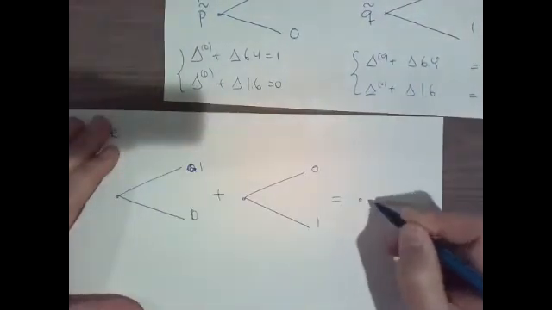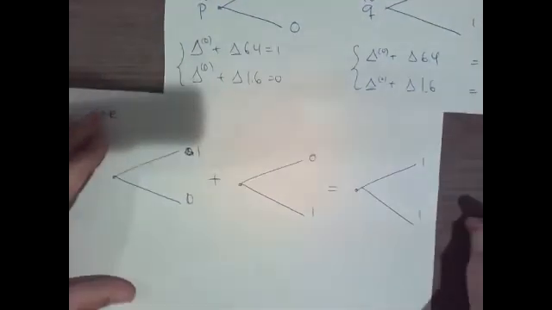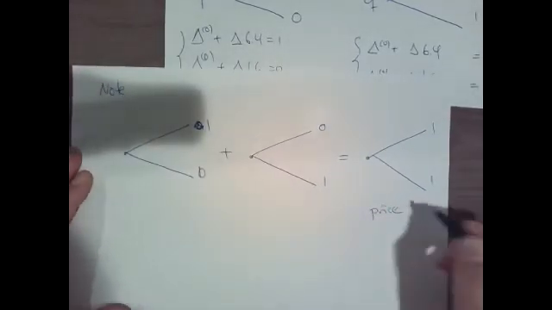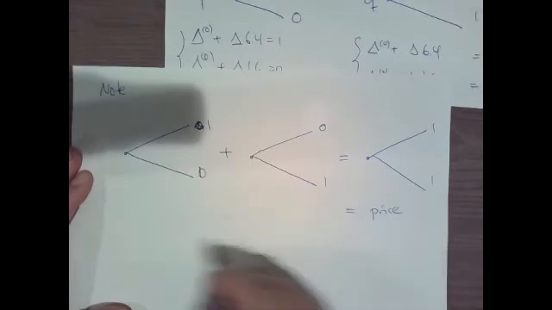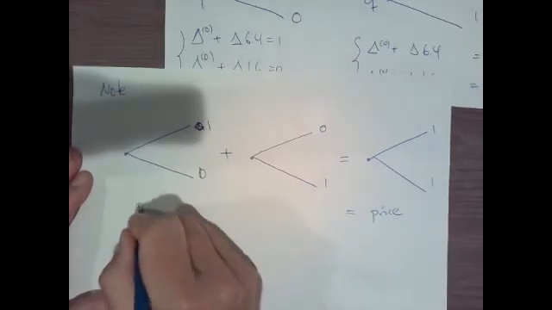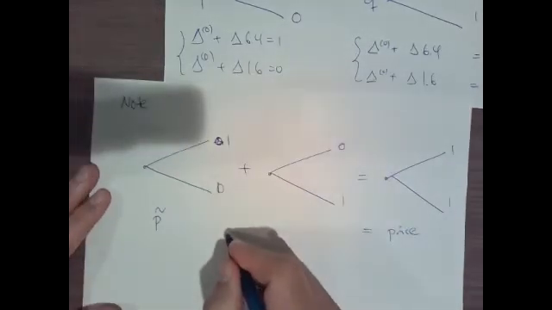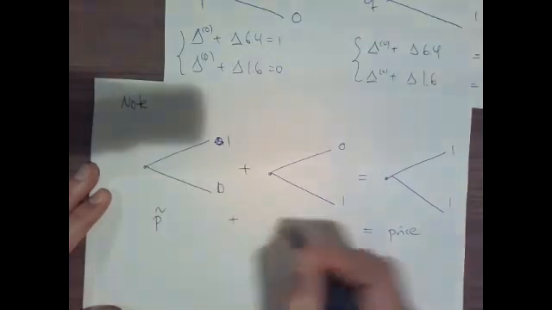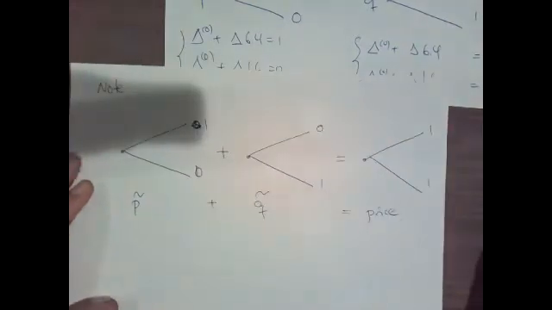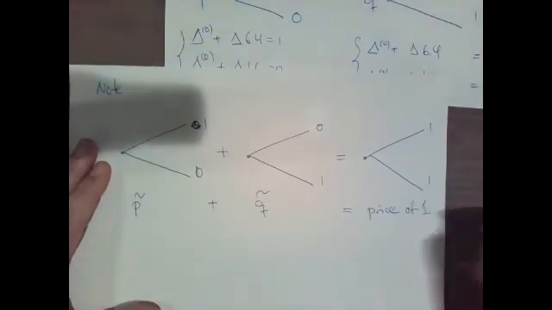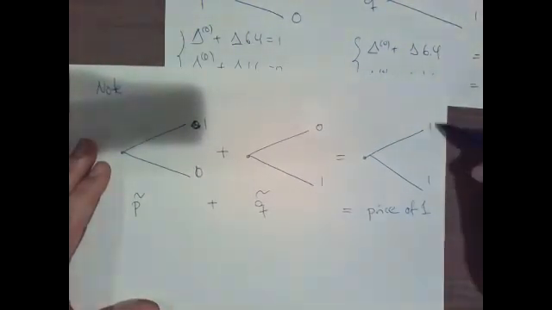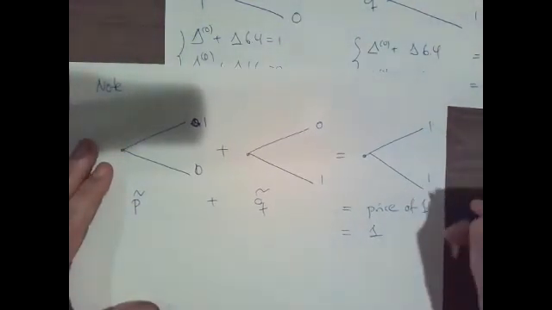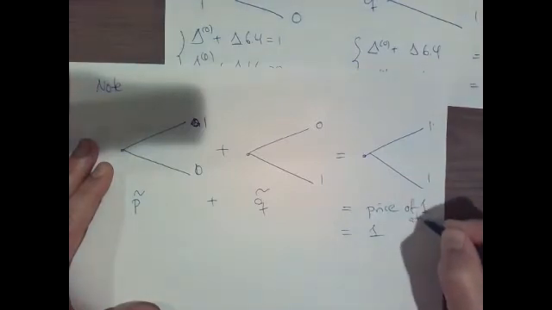What I'll get is 1 and 1. So the price of this diagram is exactly the P tilde price plus Q tilde, and the price of 1, because you're always getting 1, and this is at time 1.